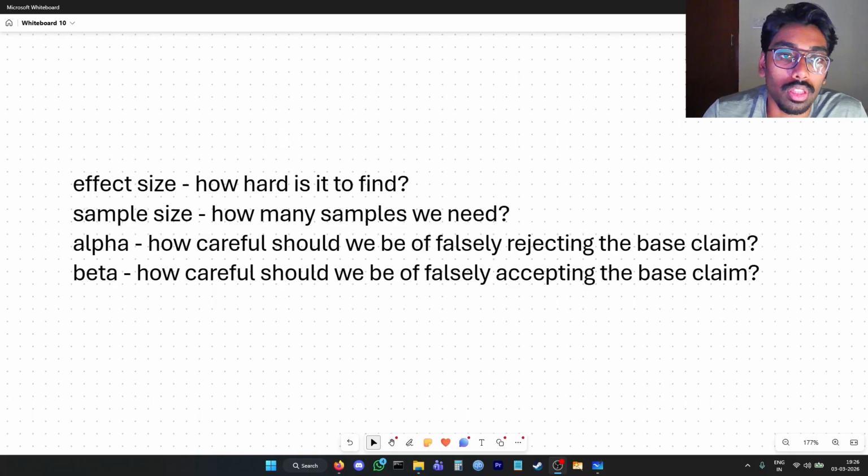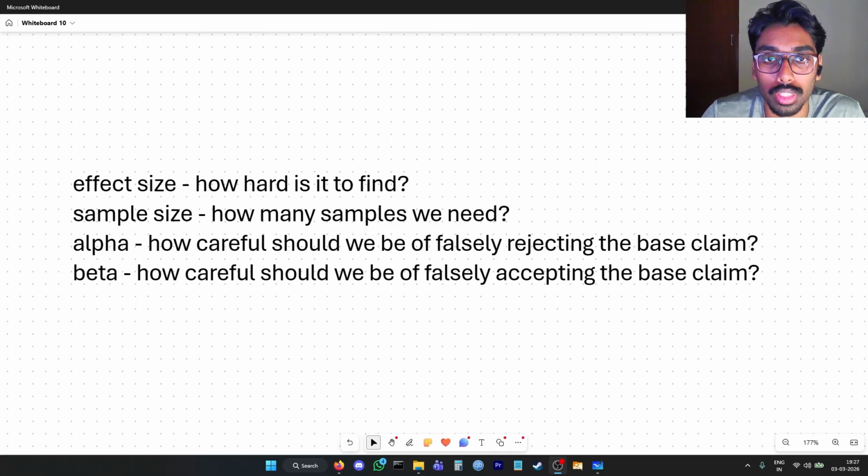So next we have the alpha parameter, which basically goes hand in hand with the beta a bit more closely than the others. Alpha is basically where we have to show some concern while falsely rejecting the base claim. What does that actually mean, right? So the base claim is a static ground believed truth at the start. Suppose I want to prove that this medicine works. The base claim is going to be that the older medicine works, right?